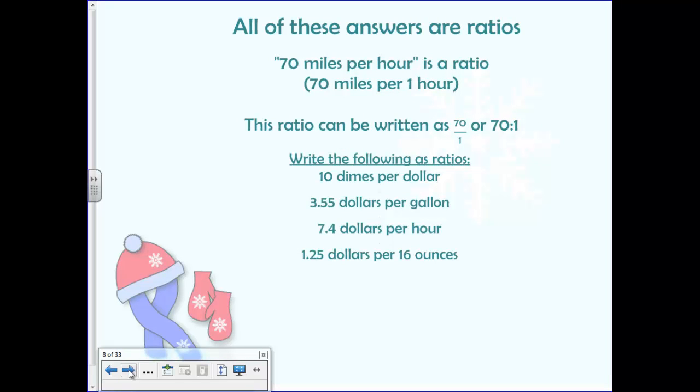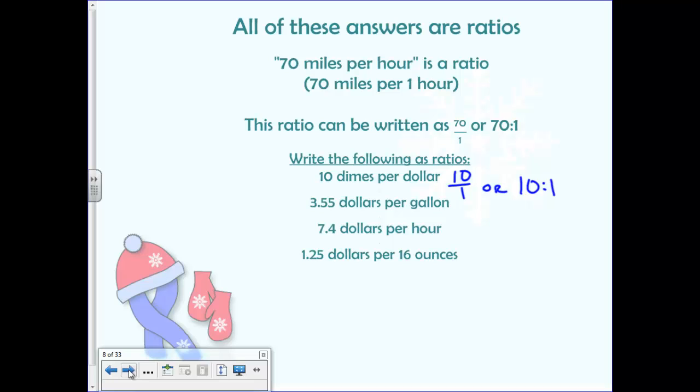We wrote 10 dimes per dollar. It's 10 dimes per $1. Or we can write that as saying 10 to 1 is the ratio. That colon means to. We read that 10 to 1.